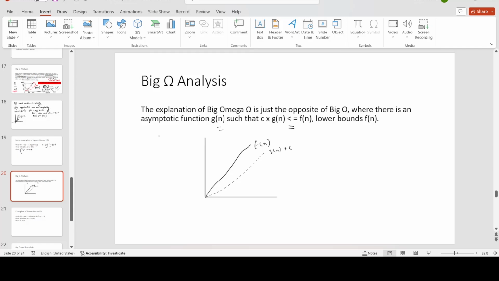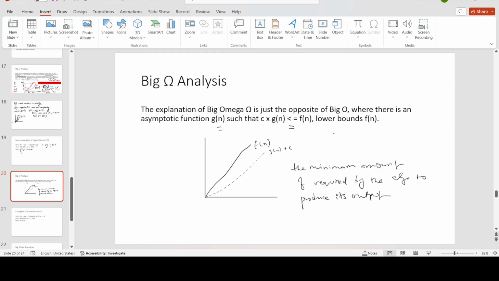big omega কে বলা হয় best time complexity, best case complexity, অথবা এভাবে ধরা হয় যে minimum amount of time required by the algorithm to produce its output.